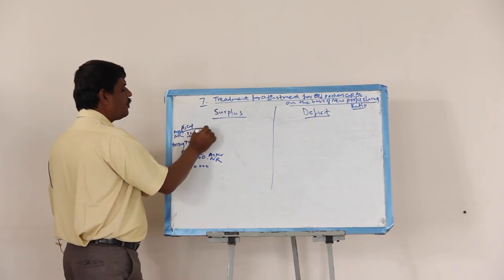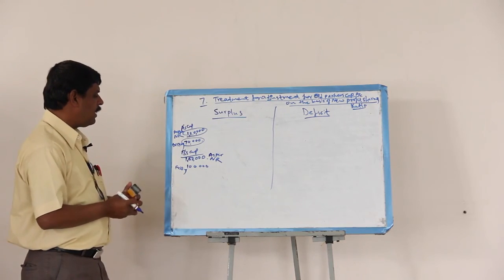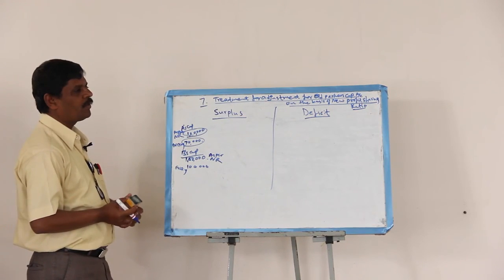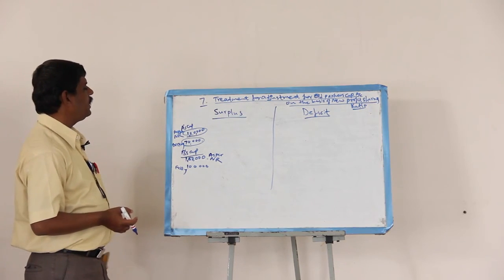As per the new ratio, A's capital is supposed to be 1 lakh, but as per the existing ledger account it is 70,000 rupees. So there is a deficit of 30,000 rupees.